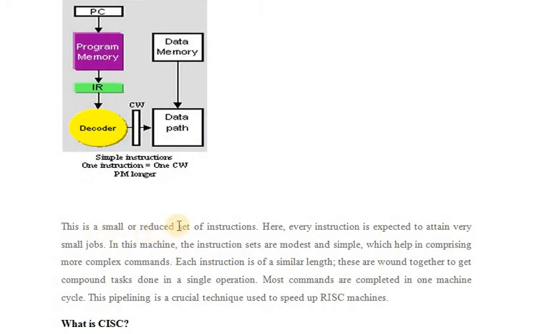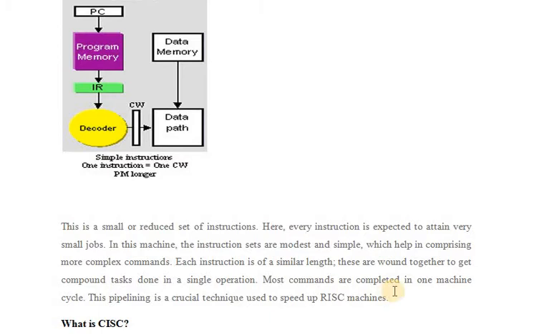This is a small or reduced instruction set. Here every instruction is expected to accomplish very small jobs. In this machine, the instruction sets are modest and simple. Already we have seen many instructions in the previous classes. Each instruction is of a similar length. These are wound together to get a compound task done in a single operation.